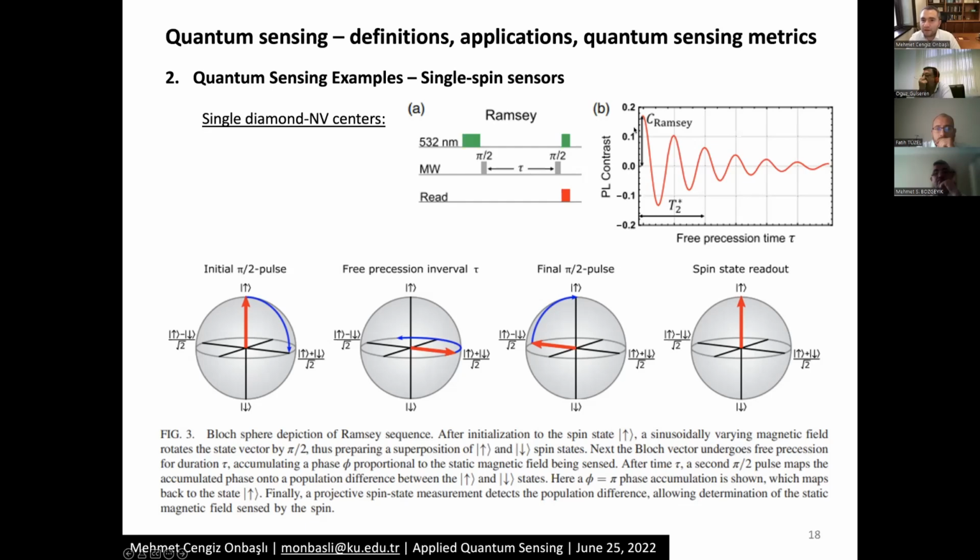After that, we read the photoluminescence at the end of our readout step. And for each point, we have a separate reading. For one tau, we have about 0.15 PL contrast. And then as we increase tau, we observe these oscillations because of the external fields damping on the precession.